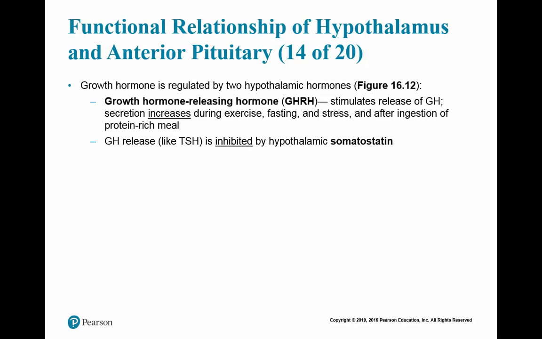And the secretion of the growth hormone releasing hormone from the hypothalamus goes up when we're exercising or fasting, we've just eaten a high protein meal, or we are stressed. And it gets inhibited by somatostatin from the hypothalamus.